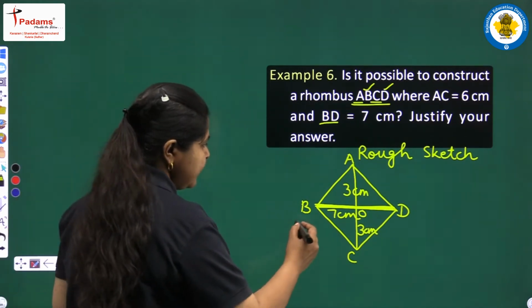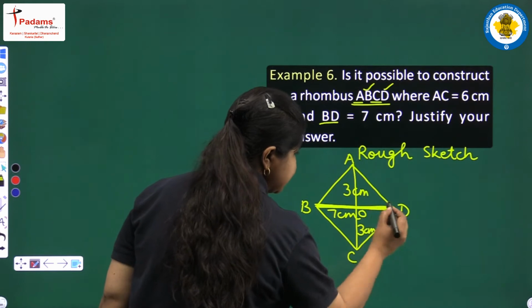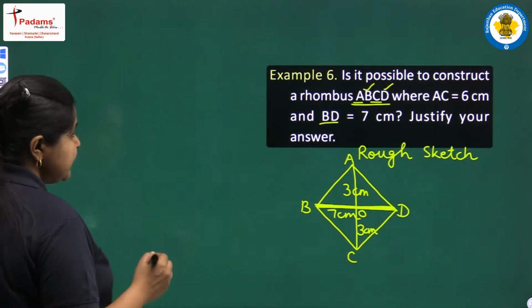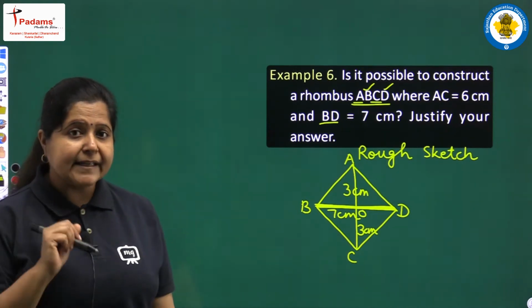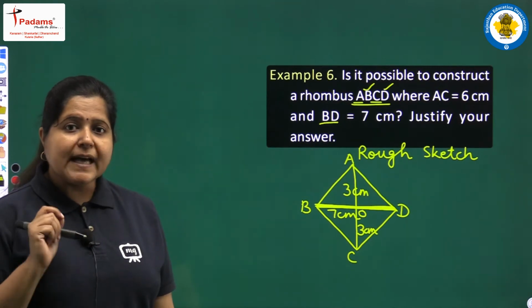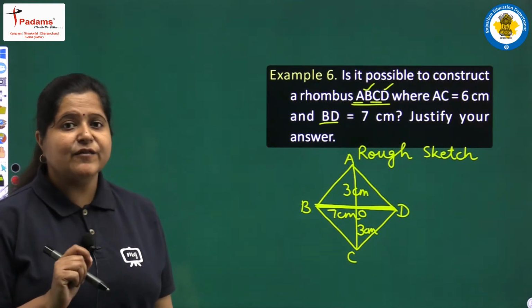So first of all, we will start the construction with this line segment BD of length 7 centimeter. Here we will be using the property of diagonals of a rhombus. And what is it? The diagonals of a rhombus are perpendicular bisectors of each other.